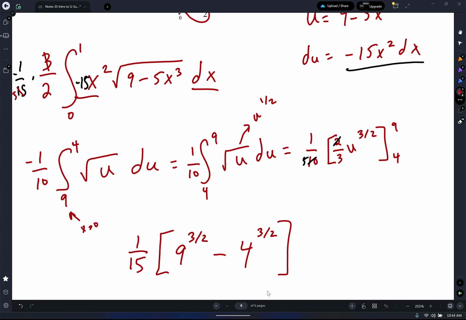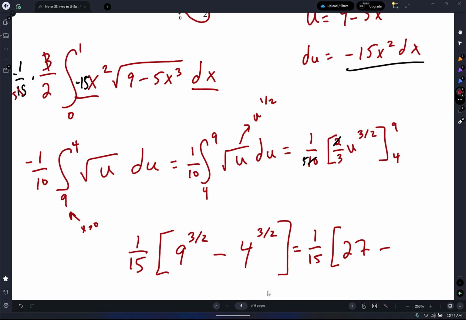All right, here we go. This can be simplified more. So 1/15 and then a bracket with 9 to the 3/2. Here's what I'm doing first. You can do the cube and then take the square root, or you can do the square root and then do the cube. Same thing with the 4. What's the square root of 9? 3. And 3 to the third? 3 times 3 is 9, that times 3 is 27.